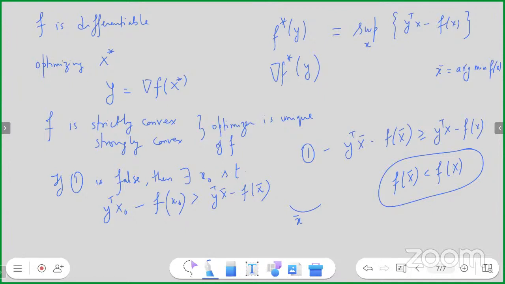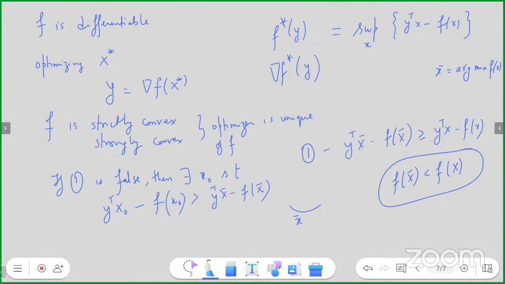If I move f of x naught and f of x bar to one side and take all the y transpose terms to the other side, we get y transpose times x naught minus x bar greater than f of x naught minus f of x bar.